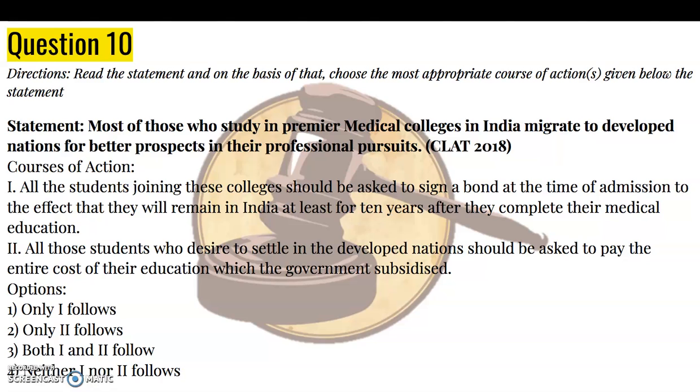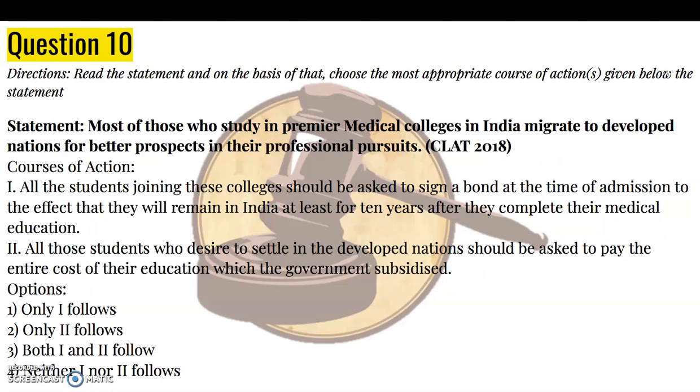The government can remove that subsidy, and since the students who want to study abroad are considered economically higher, I think removing the subsidy would be justified. Also note that subsidy is not necessary if the matter is higher education. So one will not follow, but two can follow. The answer will be only two follows.